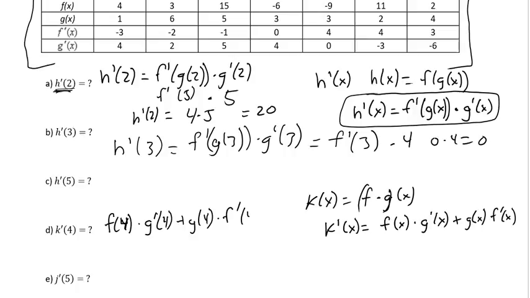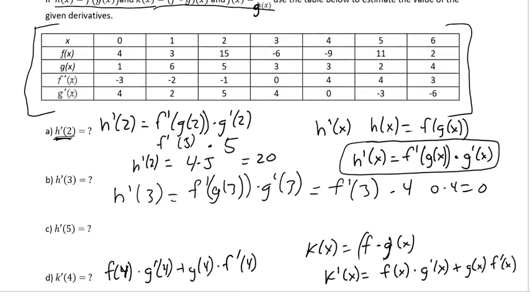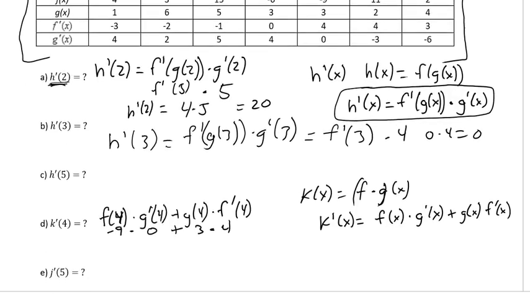Well, let's look back up here and find out what those are. F of 4 is negative 9 times g prime of 4 is 0, plus g of 4 is 3 and f prime of 4 is 4. So if we do math on that, that of course is 0. 3 times 4 is 12, and so that is k prime of 4.